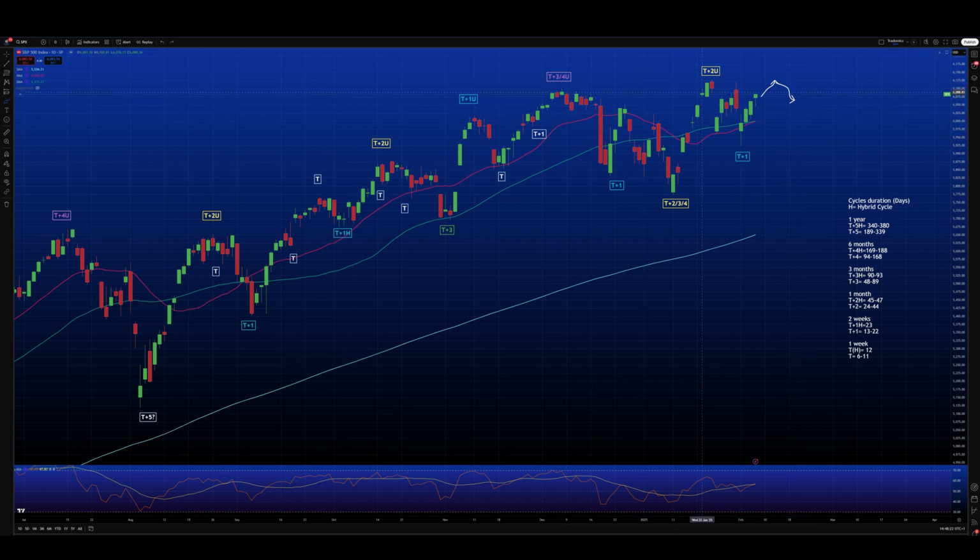But on Standard & Poor's, this T+2 was developed after the top that we have on the Nasdaq after 30 days. So here we have more probability that this top is effectively the beginning of the T+2.